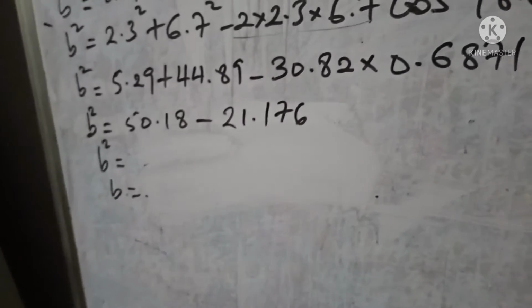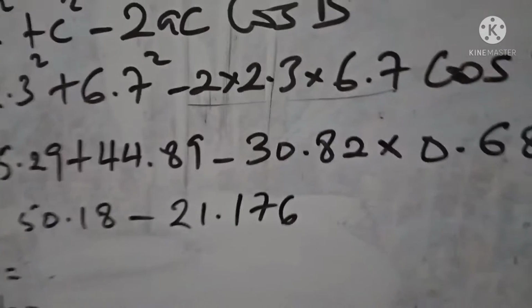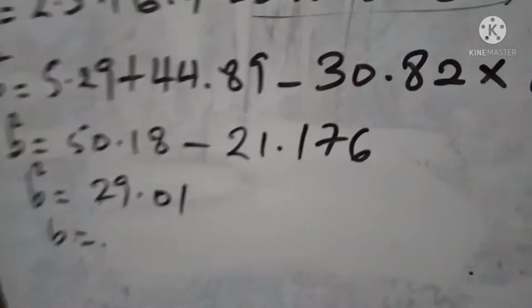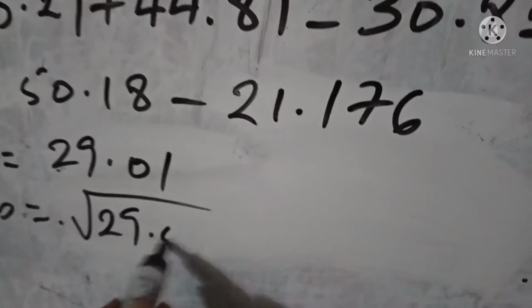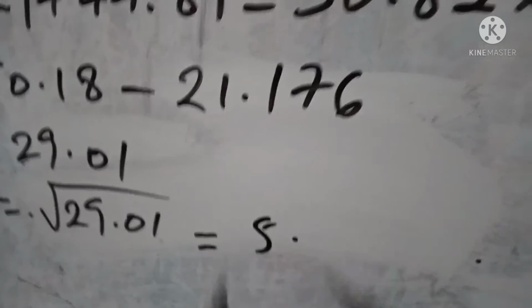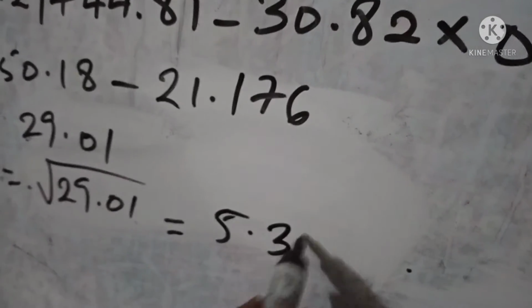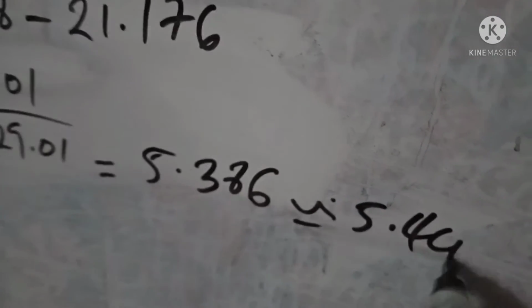Now if you subtract this from 50.18, we get 29.01. So now B will be equal to square root of 29.01, and that will be 5.386. To one decimal place, we have 5.4 centimeters.